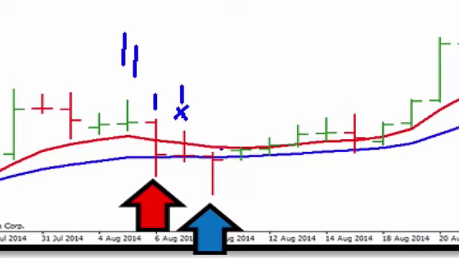Now, if that's bar 1 for us there, lower high, lower low. Great. We've now got ourselves bar number 2. Now, with bar number 2 here, we'd be placing our entry level above this. We'd be placing our stop loss level underneath this.